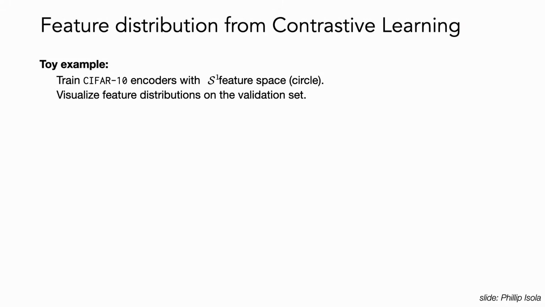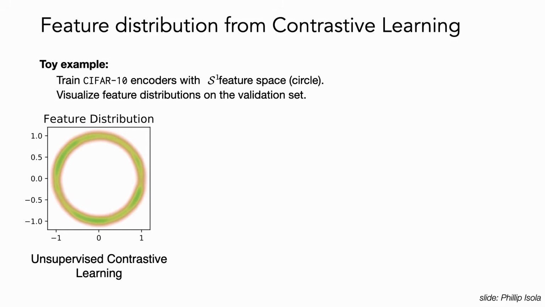So you can actually see this, which is really interesting. If you take CIFAR-10 and you build these encoders that encode them into the S1 feature space, with the hypersphere in 1 dimension or 2 dimensions, it's just a circle, and you visualize feature distributions on the validation set, you can see that if you use unsupervised contrastive learning, you get a distribution that is properly uniform around that circle in that embedding space.